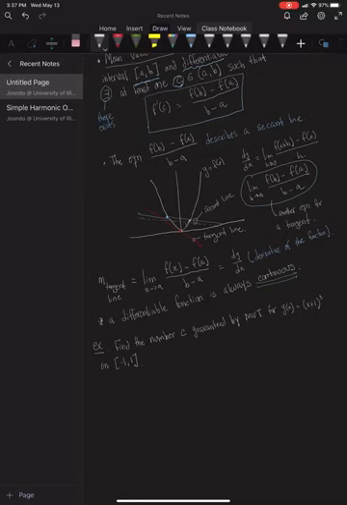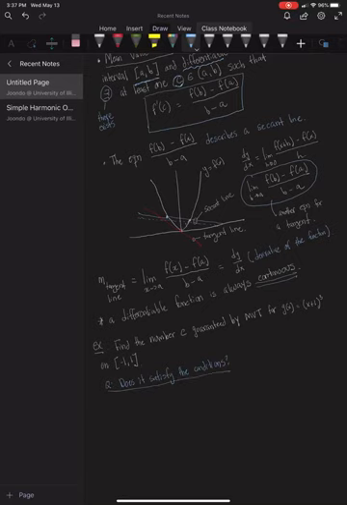So how do we do this? Well, first we have to know if it meets the conditions. So the question is, does it satisfy the conditions?